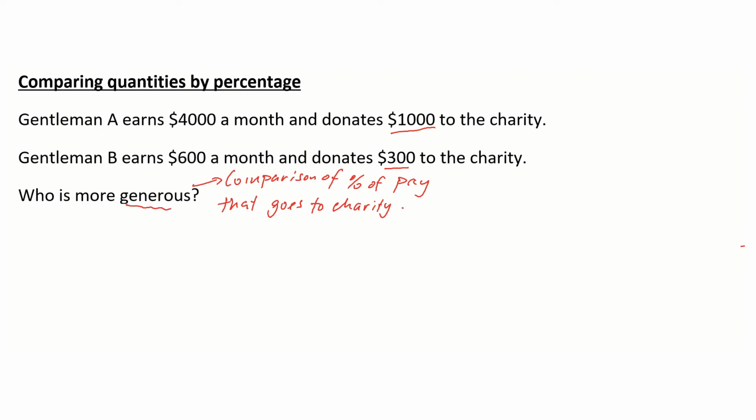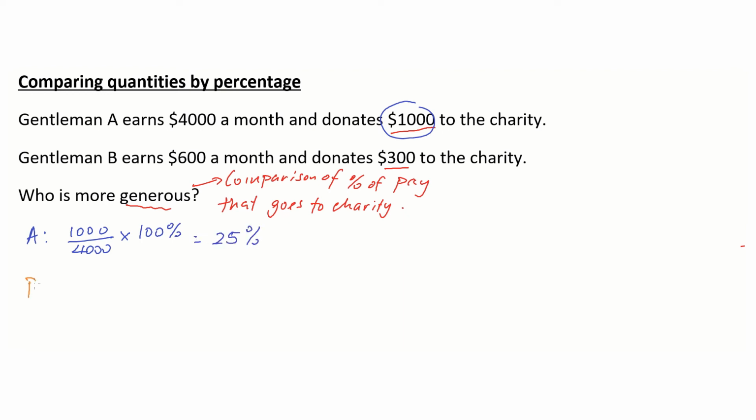Okay, so now let us consider gentleman A first. Gentleman A donates $1,000 to charity. So to find the percentage of his pay that goes to charity, it would be 1,000 over 4,000, expressing how much is donated to charity as a percentage of how much he earned, multiplied by 100%, and that should give us 25%.